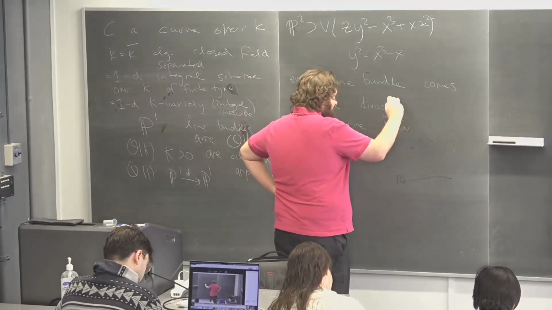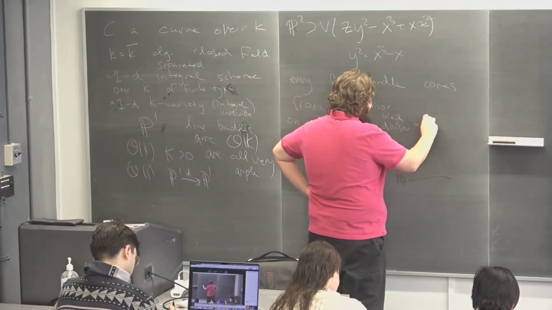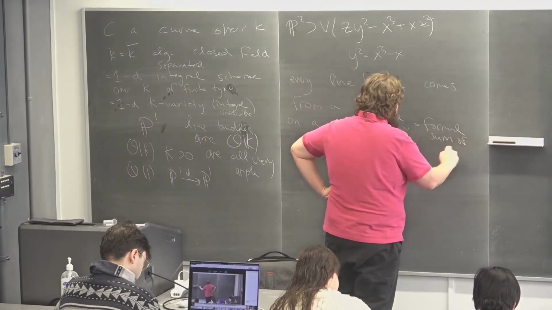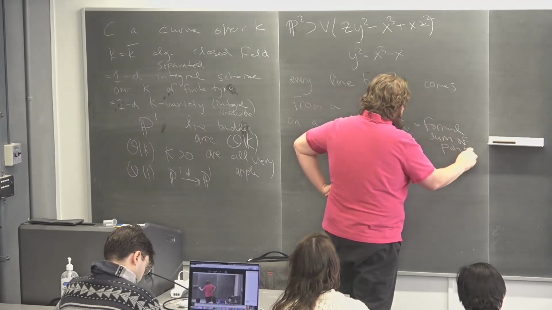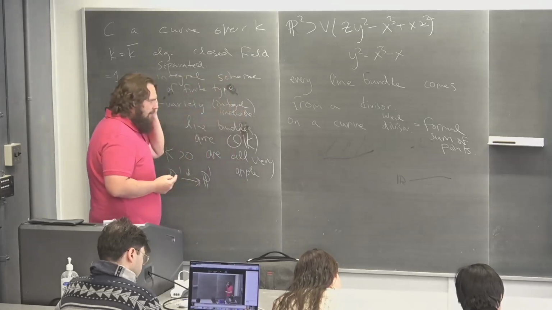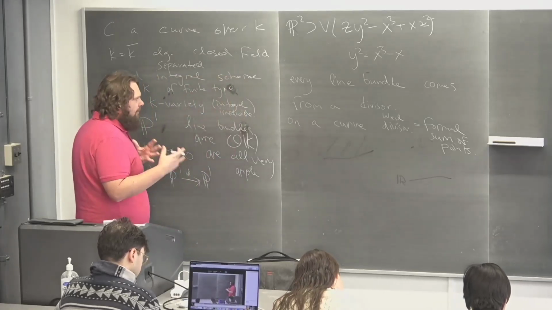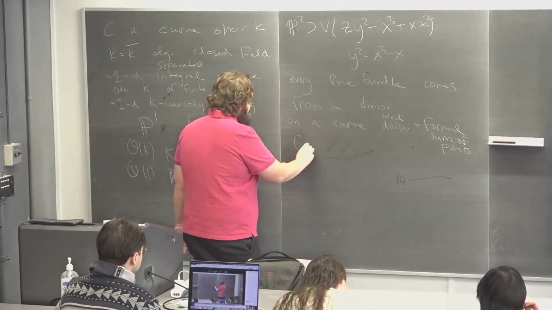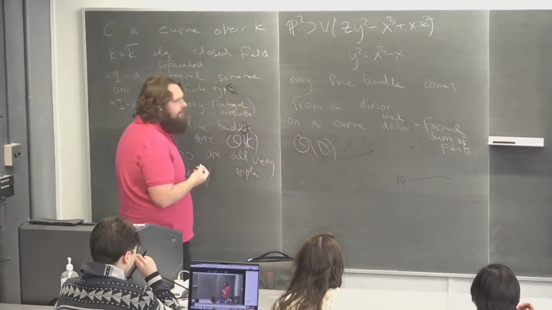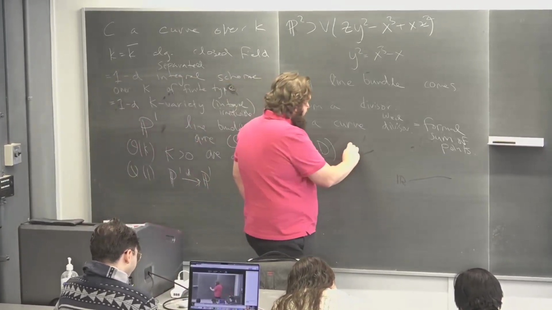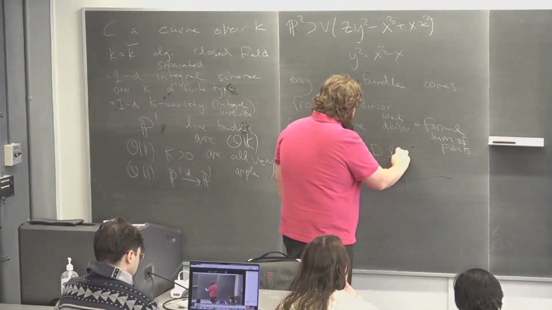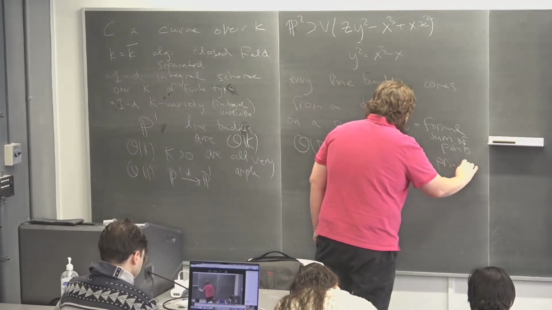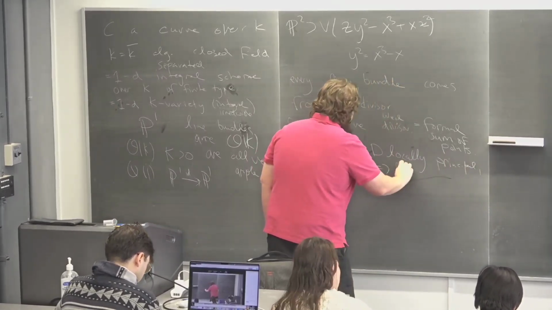I should say a Weil divisor is a formal sum of points. A Cartier divisor, an actual line bundle, right? Remember what we discussed last time. When I have a Weil divisor, I can look at this sheaf O of D, and if D is locally principal, then this is a line bundle.